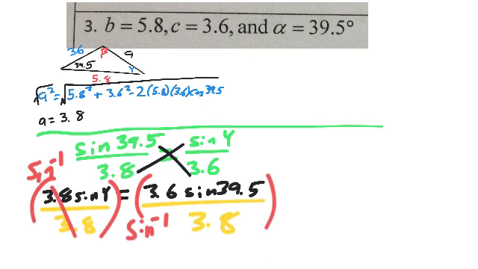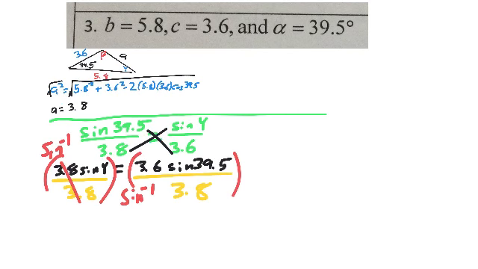So in my calculator, I have the inverse sine of 3.6 times sine of 39.5 divided by 3.8. And I find that gamma is equal to 37.06 degrees.